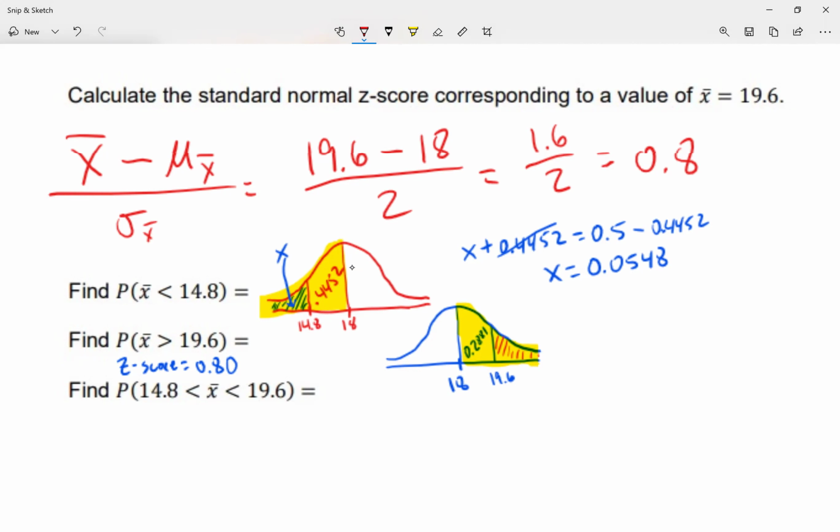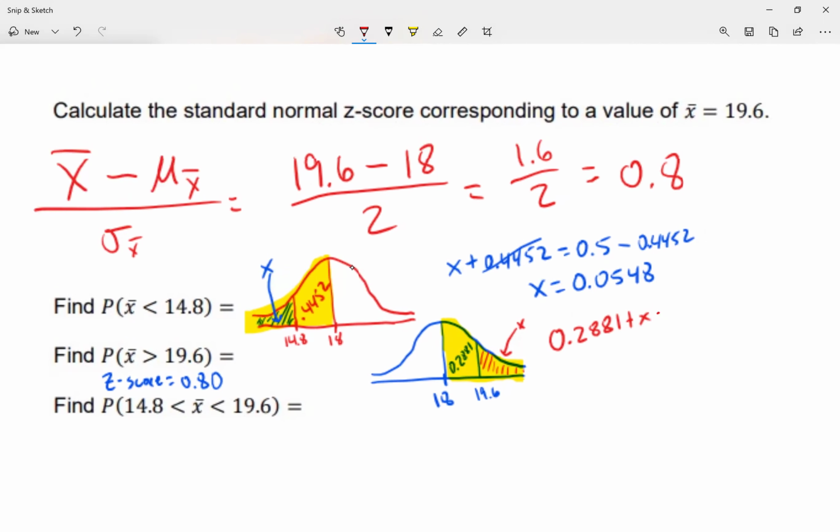Let me look at this as an algebra question: 0.2881 plus x, where x is this area that I have no idea what number it is. So 0.2881 plus x is equal to 0.5, because it's half of my whole graph.